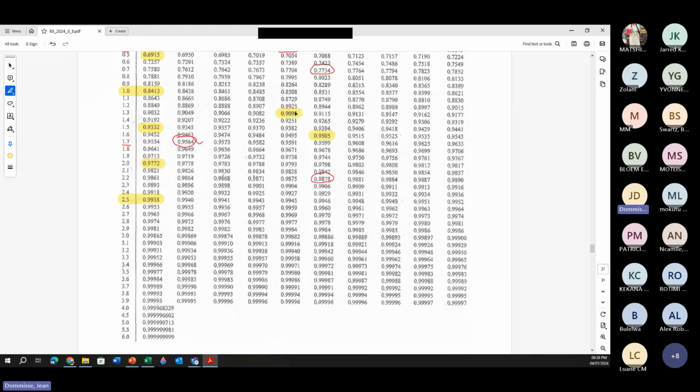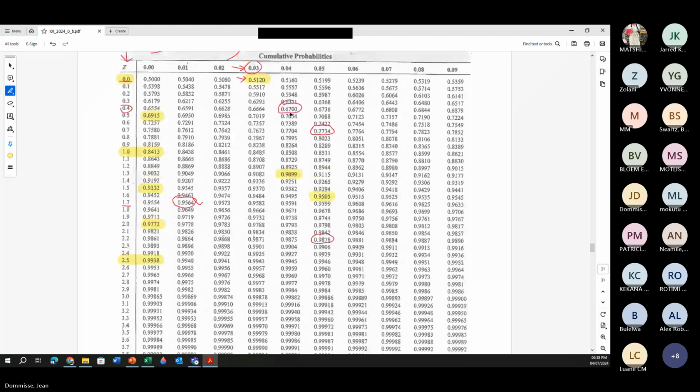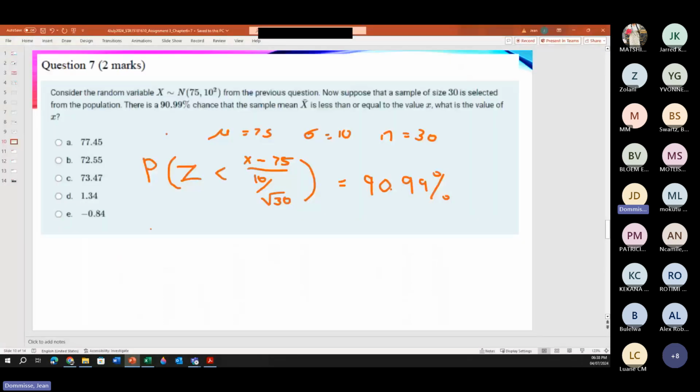Okay, so 1.34. So 1.34 is the 90.99. Okay, so 1.34. So Z is 1.34.